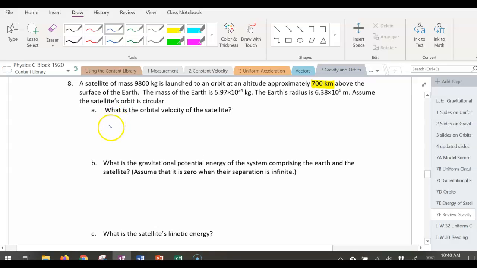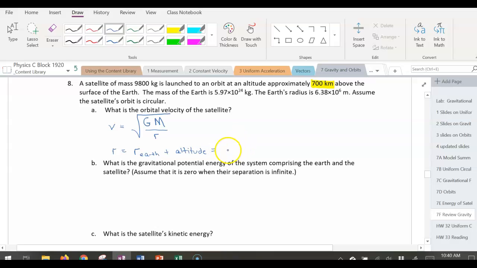I know that the formula for orbital velocity is the square root of gravitational constant G times the mass of the larger central body divided by the orbital radius. Maybe I should calculate the orbital radius here. That should be the radius of the Earth plus the altitude, and I need to put this in meters.